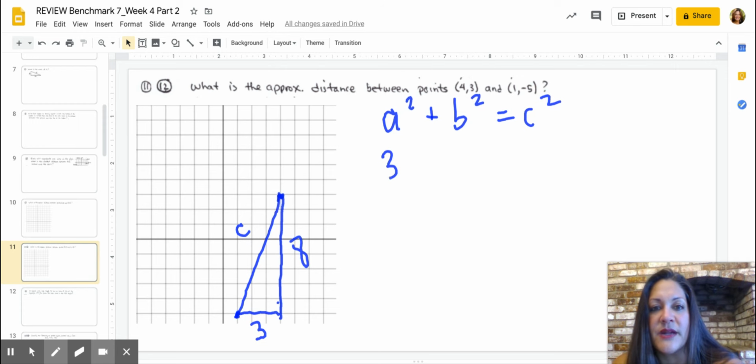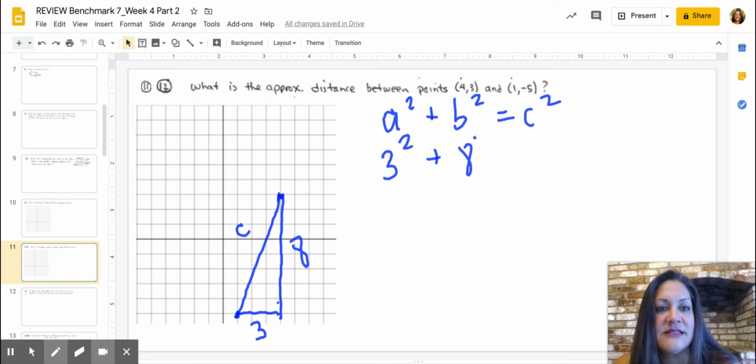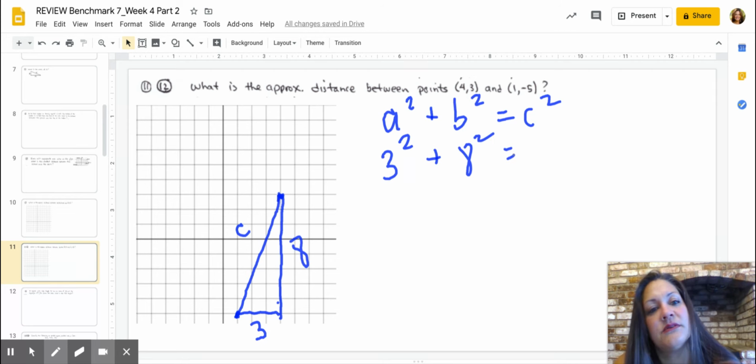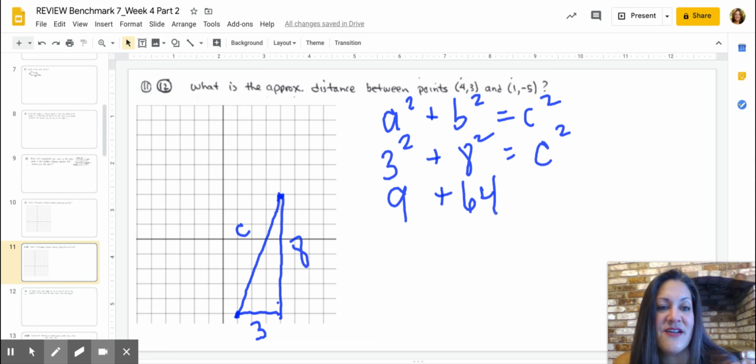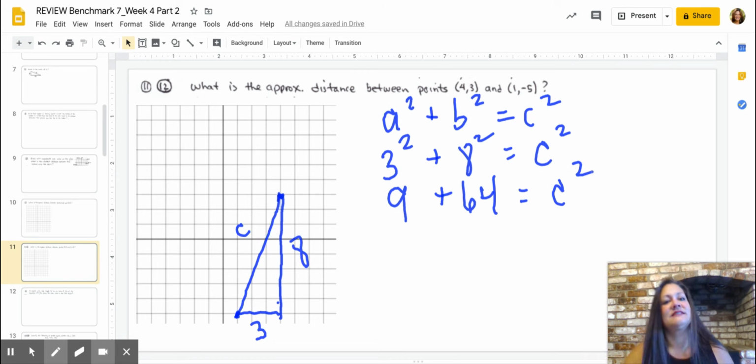A squared will be 3, and b is 8. And that equals c squared. 9 plus 64 equals c squared. Okay, so 9 plus 64 is 73.